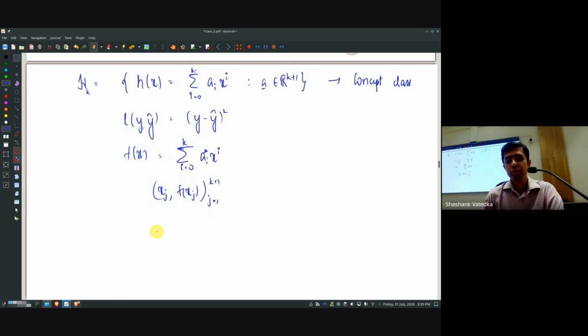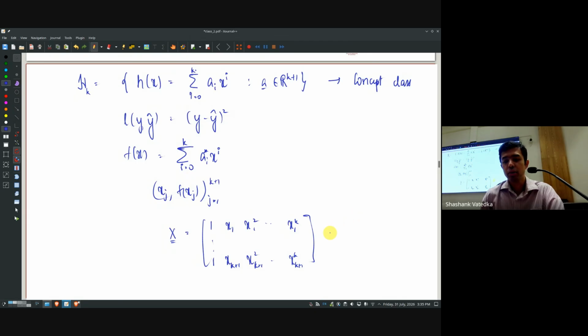So you construct the following matrix: 1, x1, x1 squared, up to x1 to the power k, and so on, down to 1, x_{k+1}, x_{k+1} squared, and so on up to x_{k+1} to the power k.